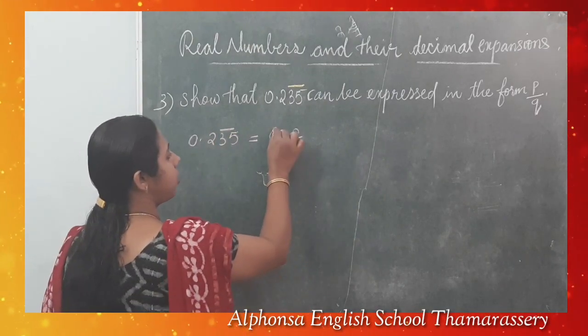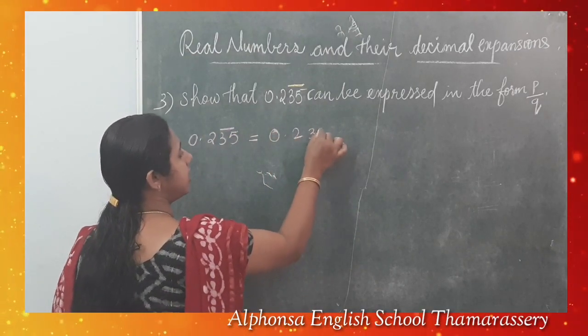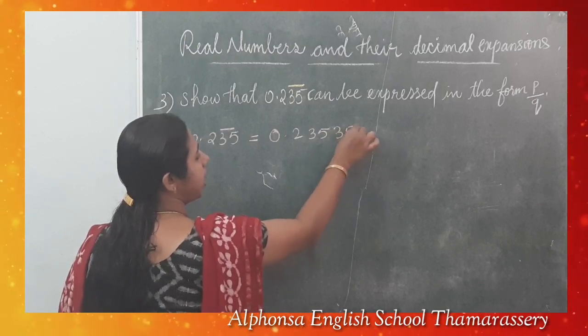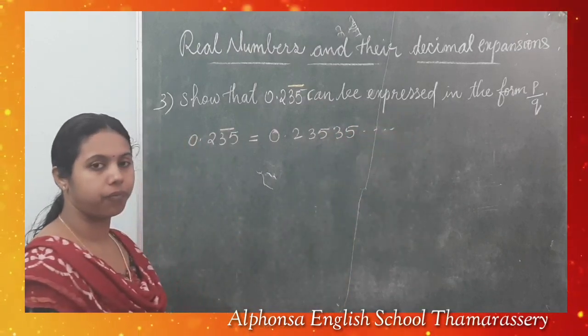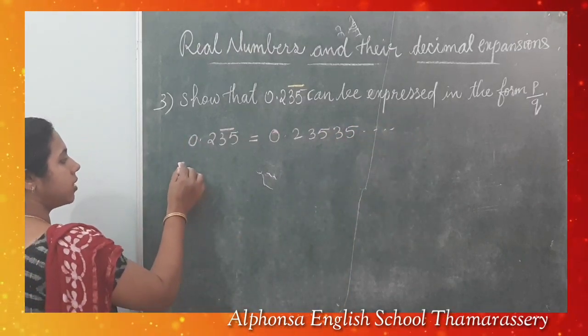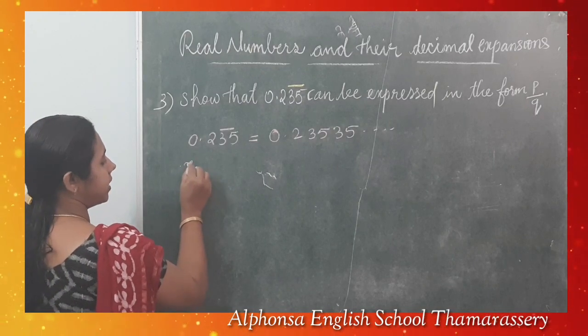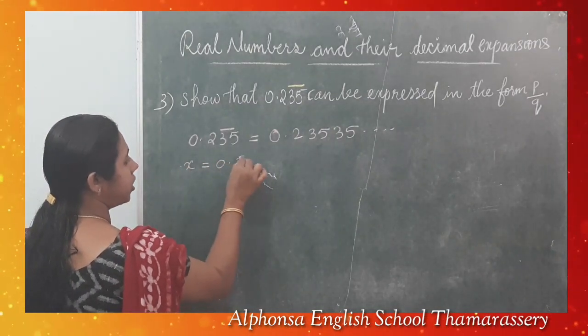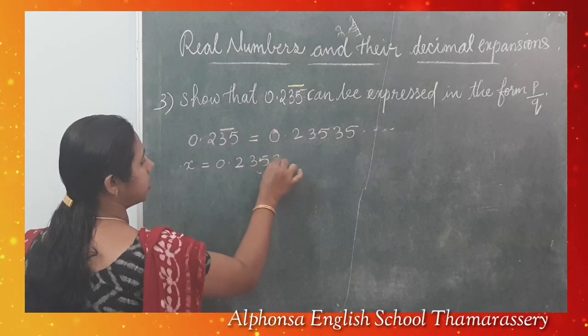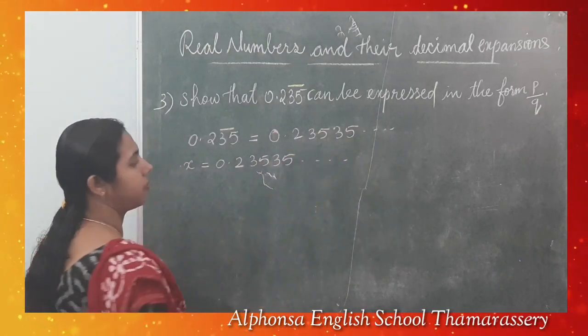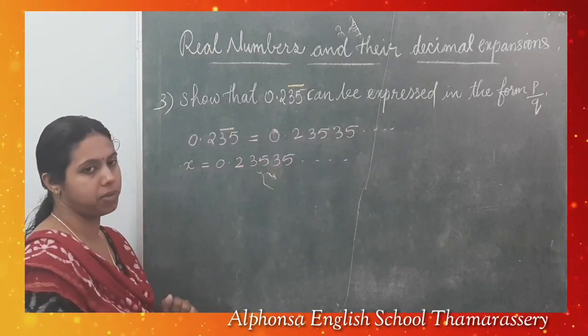So 0.23535, etc. Let us take x is equal to 0.23535, etc. Only these two digits are repeating.